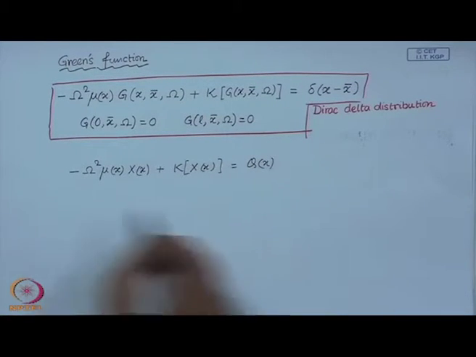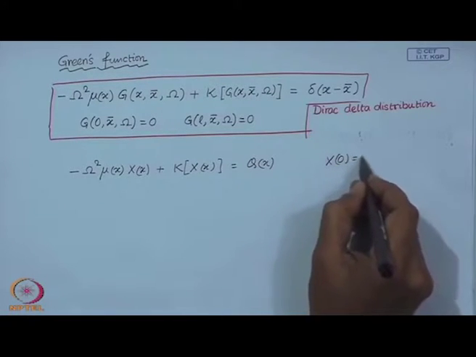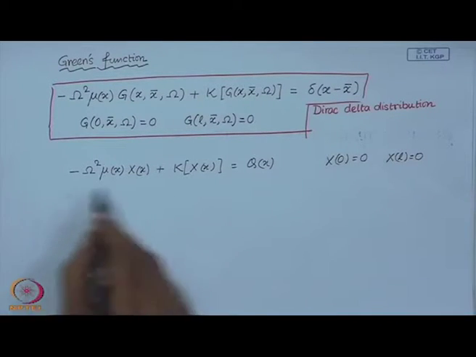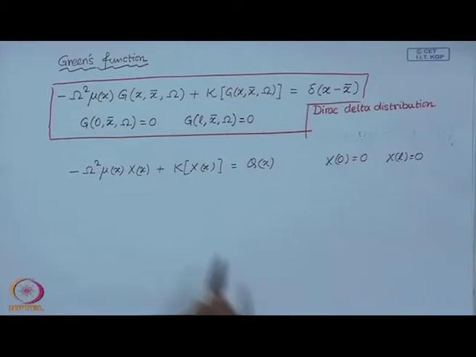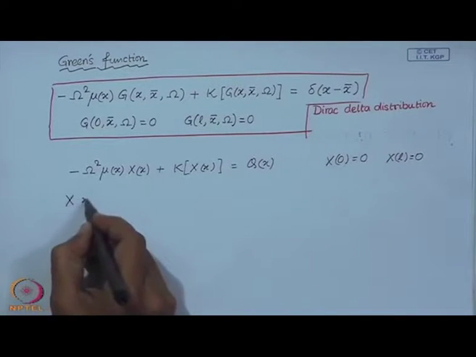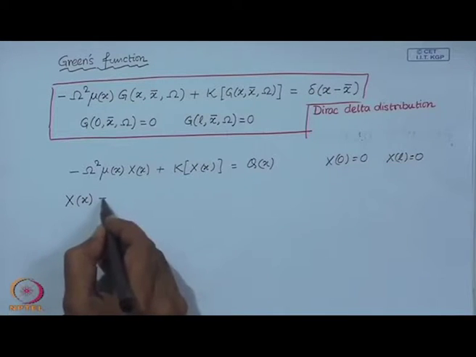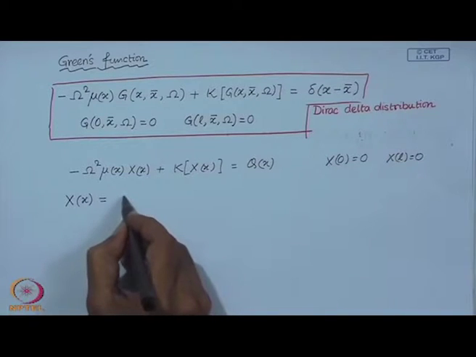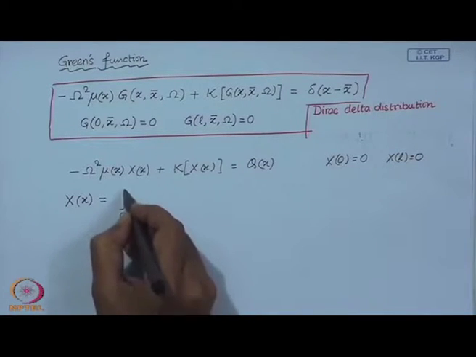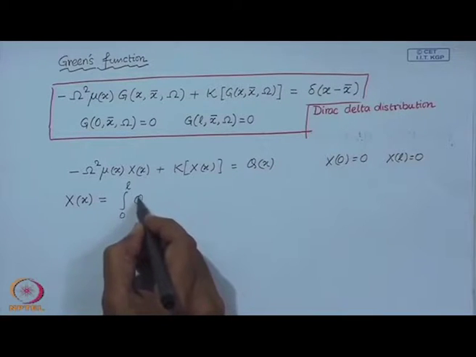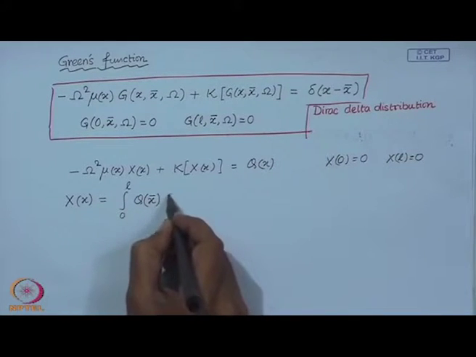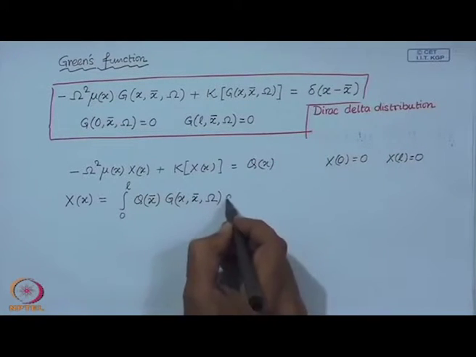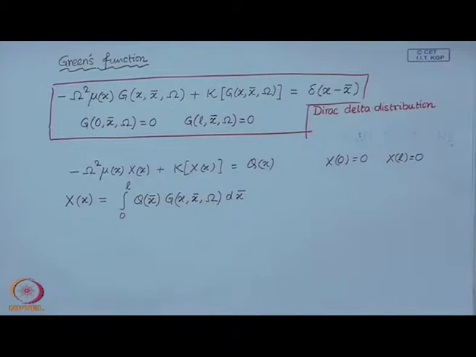So, this is the problem, of course, with these boundary conditions. This is what we want to solve. We claim that the solution of this, the amplitude function corresponding to an arbitrary forcing capital Q of x, is given by integrating over the domain of the problem, performing this integral.